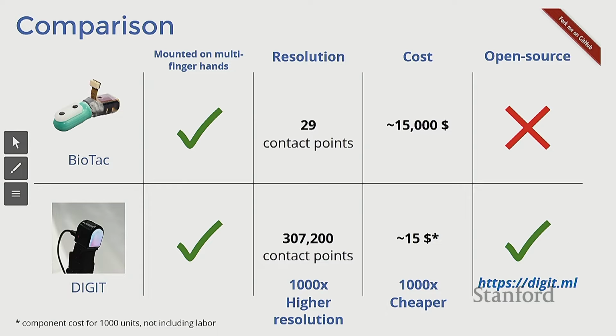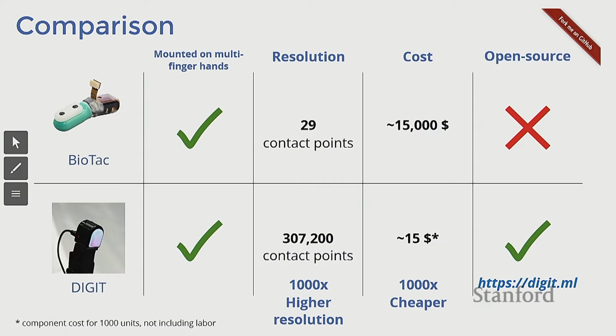You can think of this in terms of pixels of resolution, while DIGIT has about three orders of magnitude more. At the same time, if you want to buy a BioTac, it's going to cost you $15,000, while building a DIGIT is a fraction of this. It's effectively three orders of magnitude more data for three orders of magnitude less money, which is pretty great.